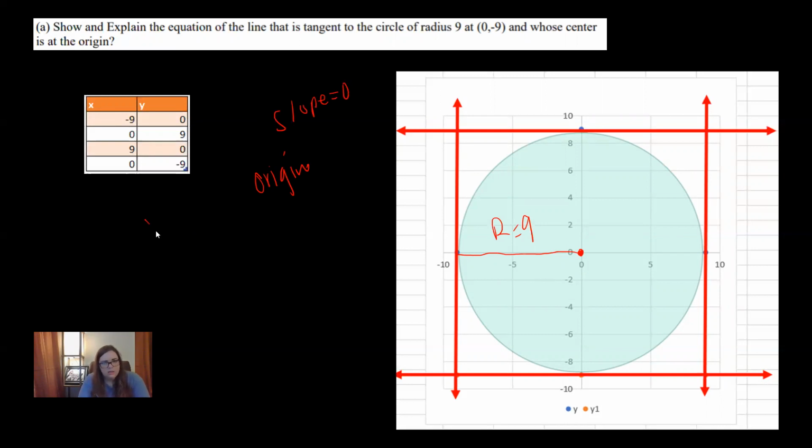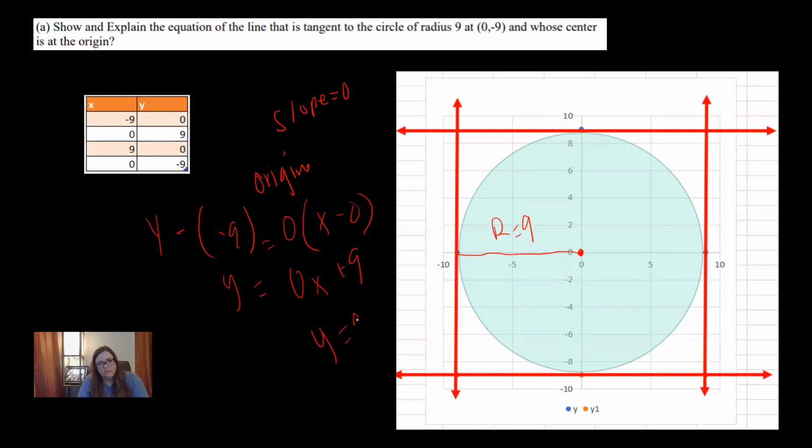And we have y minus negative 9 equals 0 times x minus 0, which is y equals 0x plus 9, which makes y equals 9 right here.